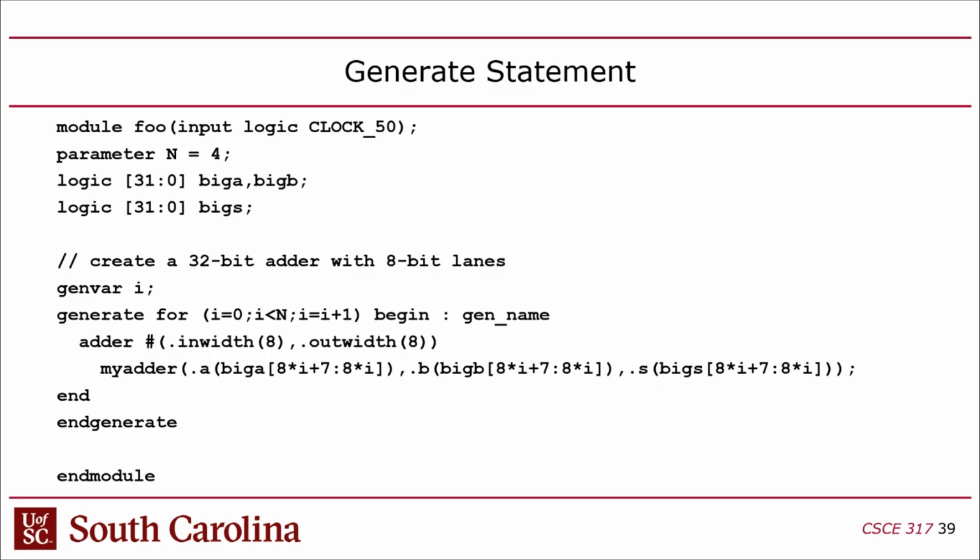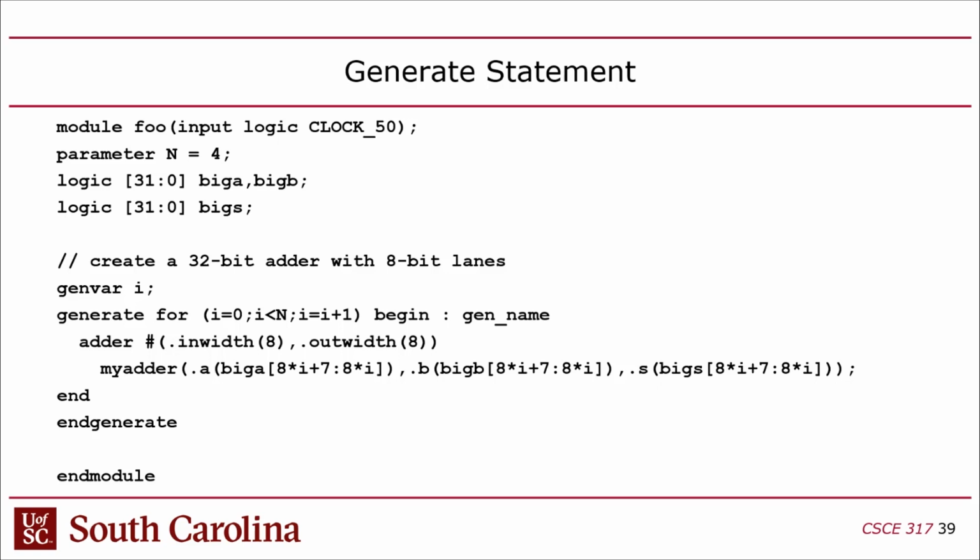And when I stamp it out, I'm going to connect a to a slice of big A. Big A is a signal, and big A is 32 bits. So I'm going to slice out a portion, and this portion is going to be 8 times i plus 7 down to 8 times i.